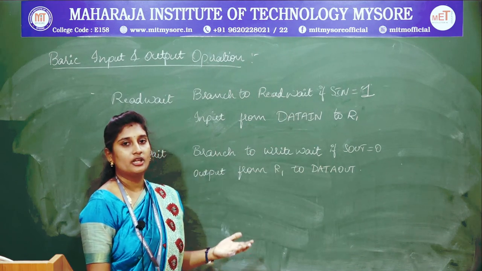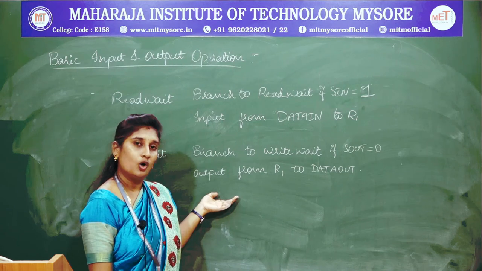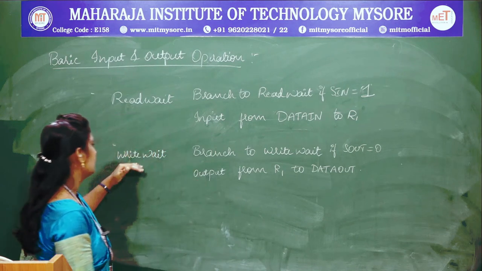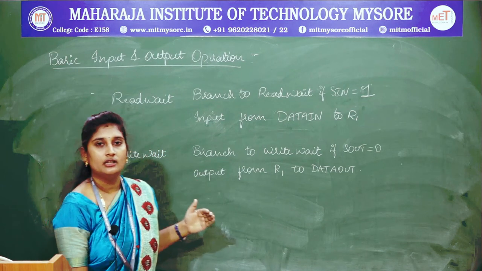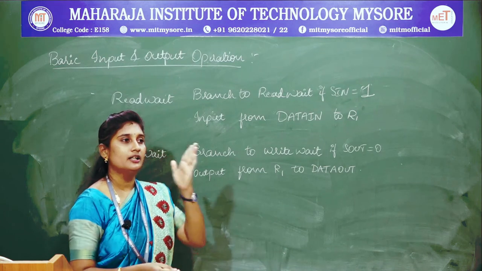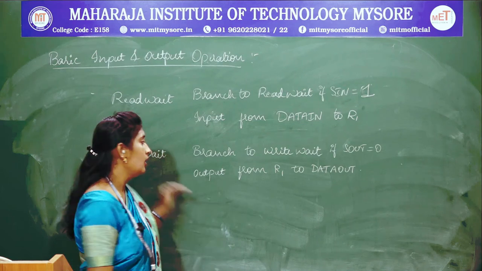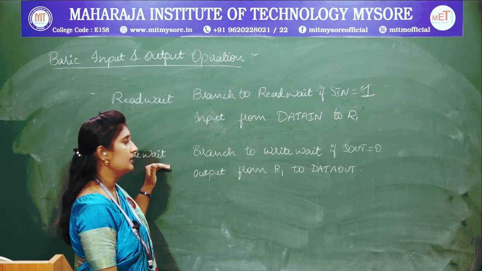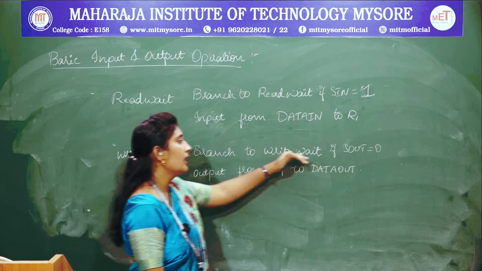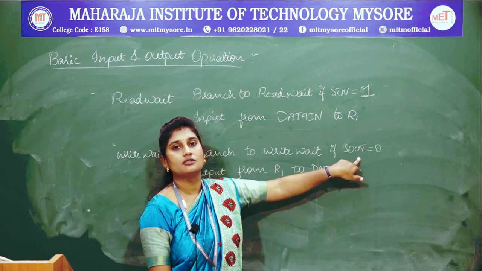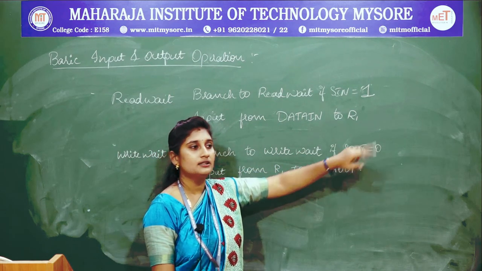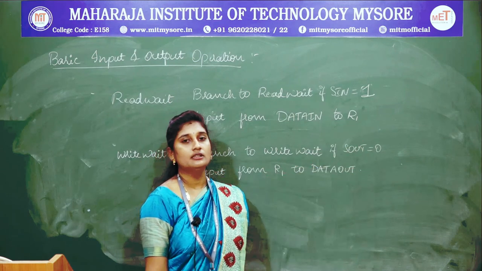Fine. The same operation I will be carrying out for my output device also. That is write wait. What do you mean by write wait? I will be writing the contents from my processor to my output device, isn't it? So write wait happens when we branch to write wait if out status flag is 0. That is, the buffer register is not filled.